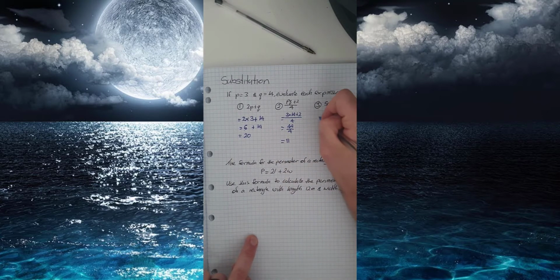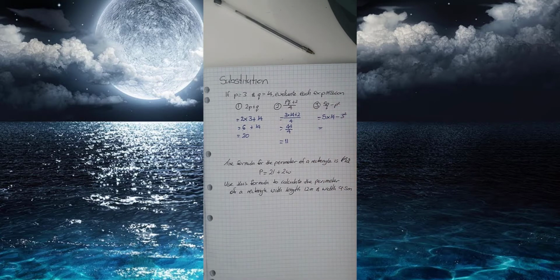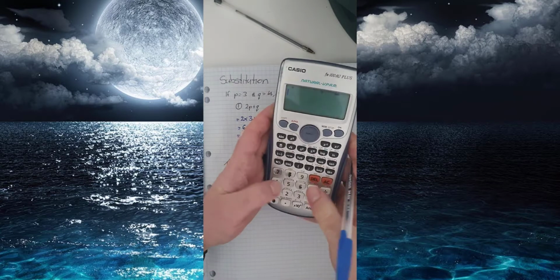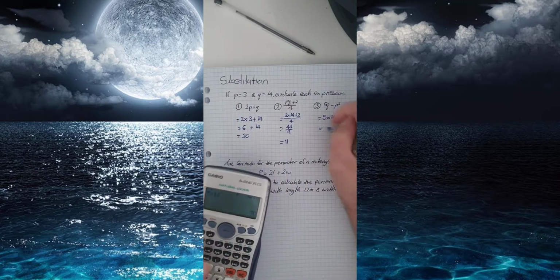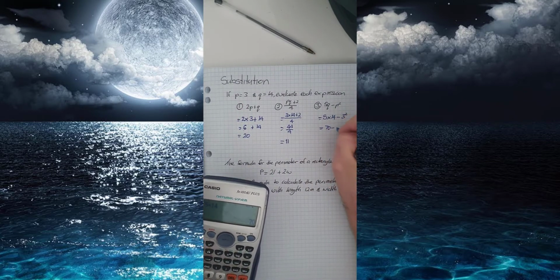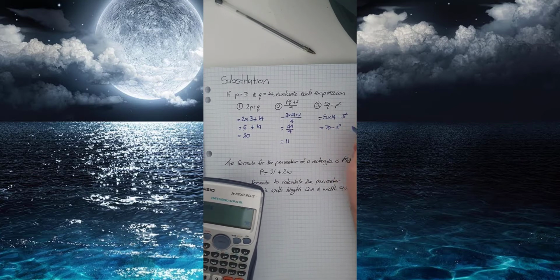Coming across here, exactly the same thing, different expression. 5 times Q, which is 14, minus 3 to the power of 2. So let's start by simplifying this off. 5 times 14, 70. Take away 3 to the power of 2.